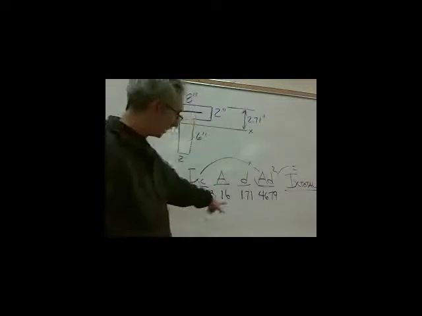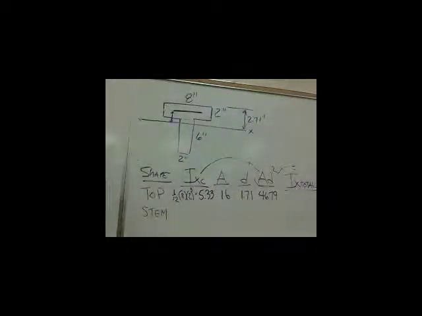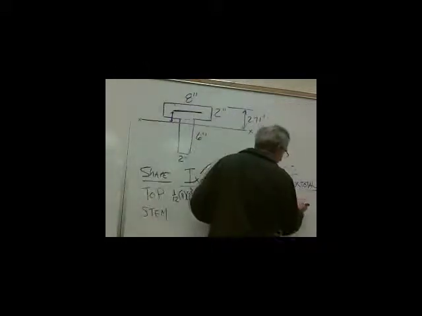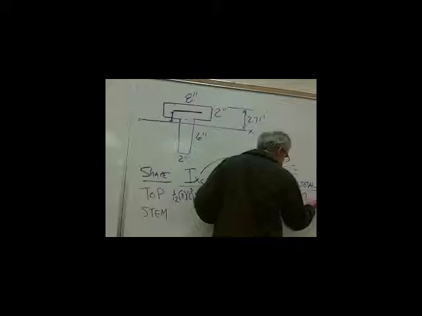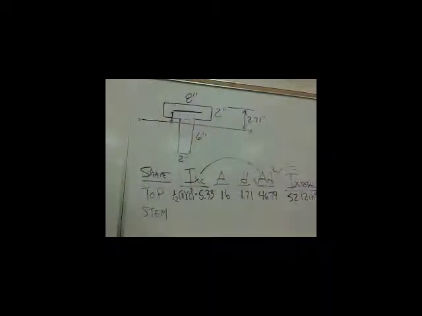So 5.33 plus 46.79, and my IX total for this first shape, this top rectangle, is 52.12. Okay? Any questions with that?